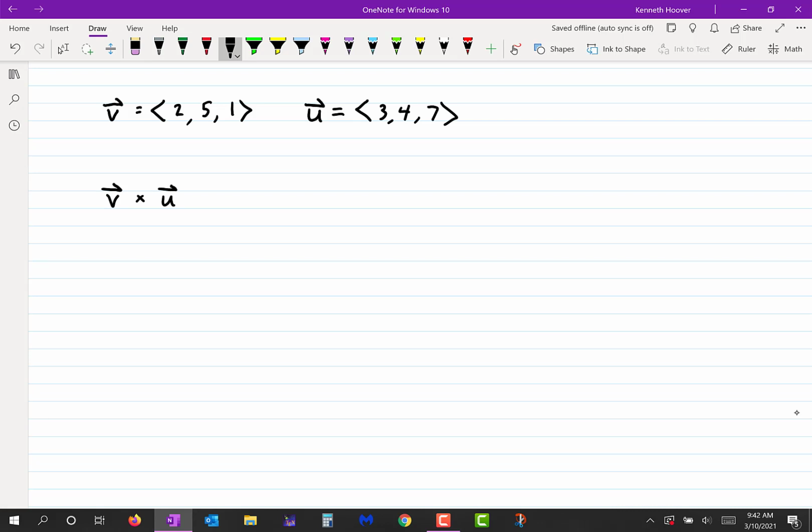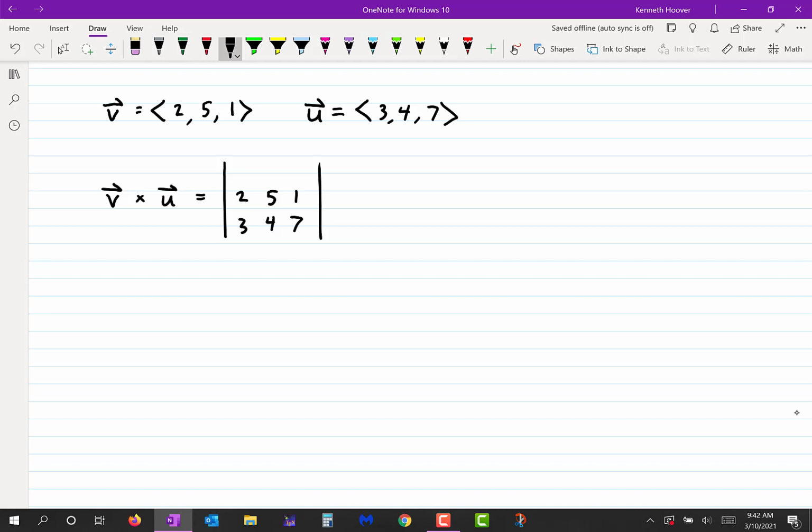Okay? So one way of doing this is as a determinant, where you put V in the second row and U in the third row. So I'll put 2, 5, 1 in the second row, 3, 4, 7 in the third row.